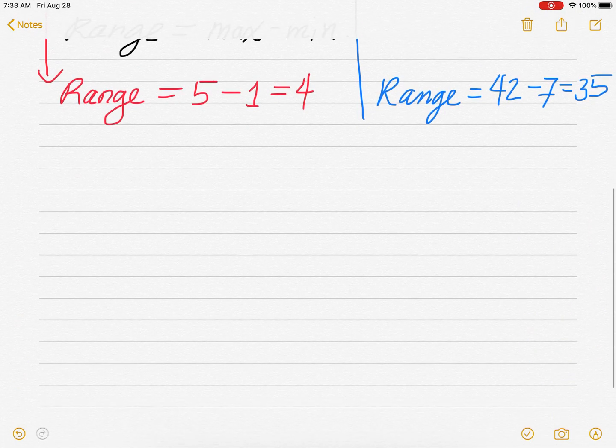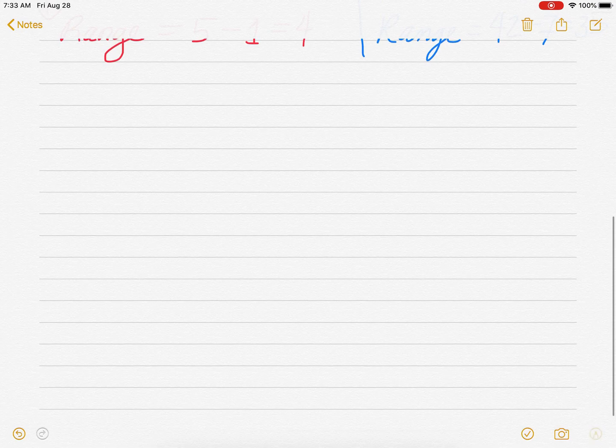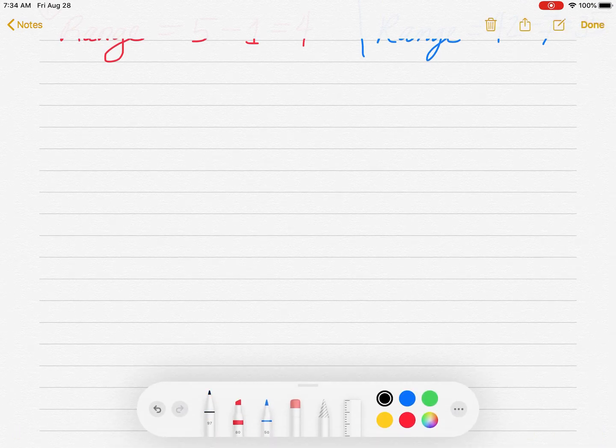And the really important one that we're going to look at is what's called the variance, and then later the standard deviation. So what is the variance? This is the really important one here, and the standard deviation is equally important.